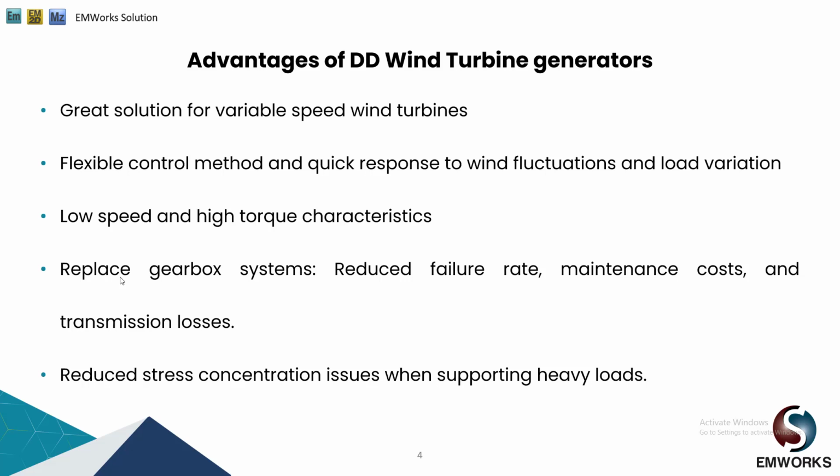Another advantage is that by using permanent magnets in the generator rather than electromagnets, it is possible to make the generator lightweight for its size, and this plus elimination of the gearbox reduces the weight of the apparatus. Therefore, the overall design becomes simpler.